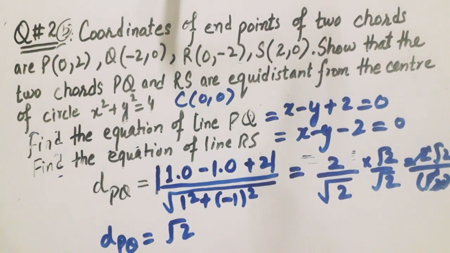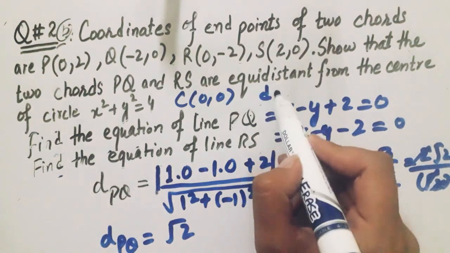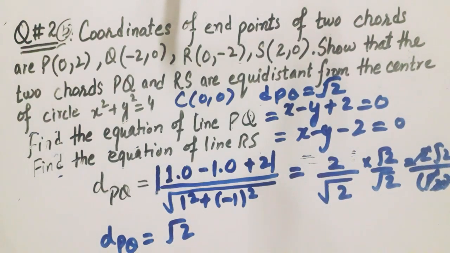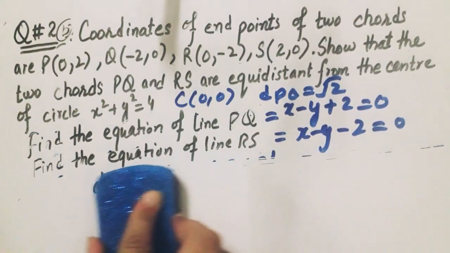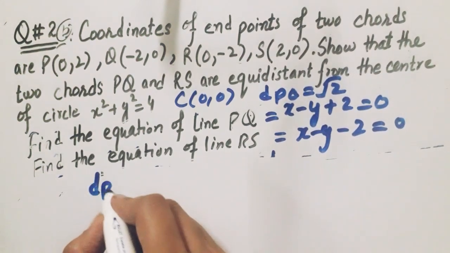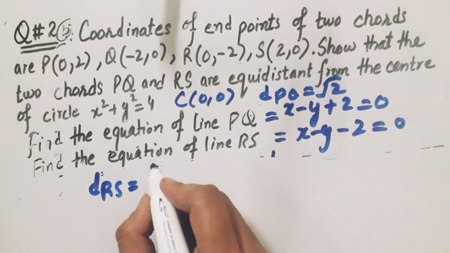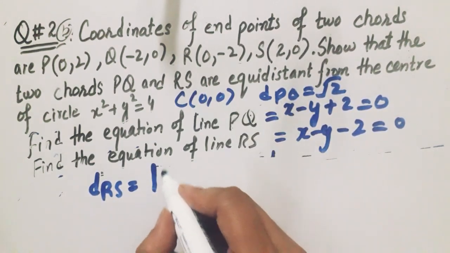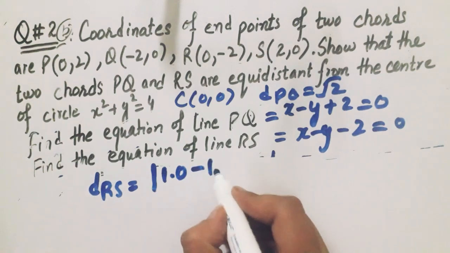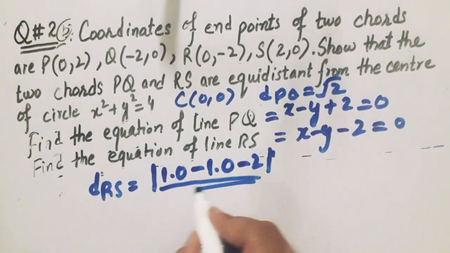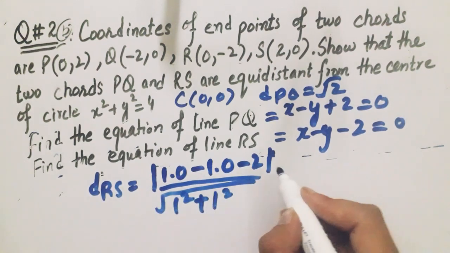Now we will calculate the distance of RS. So write here the distance of PQ, which is equal to square root 2. Now we will find the distance of RS. So distance of RS will again be |Ax0 plus By0 plus C|, where x0, y0 is the center, that is 0. So |1 dot 0 minus 1 dot 0 minus 2| divided by square root of 1 square plus 1 square.